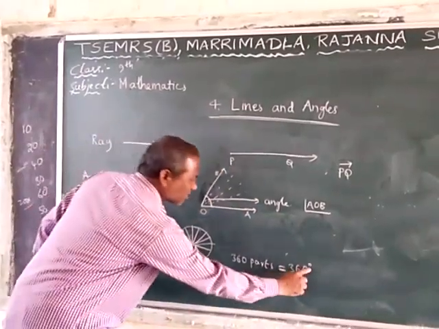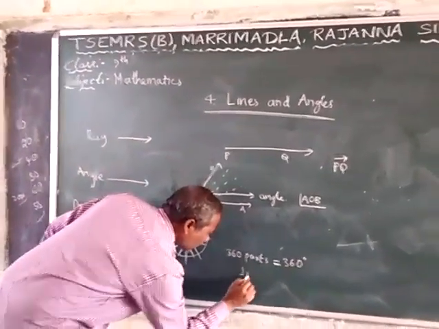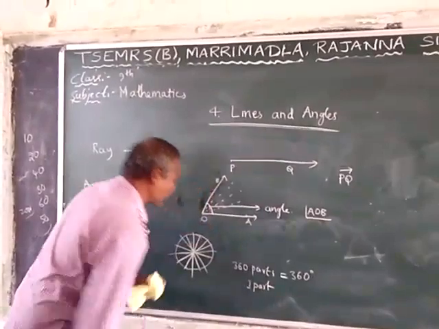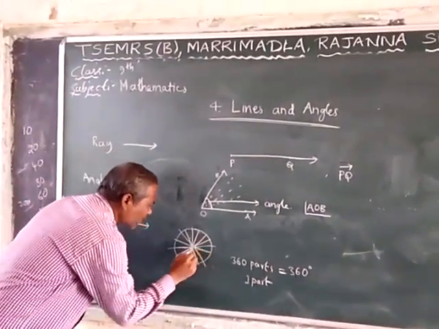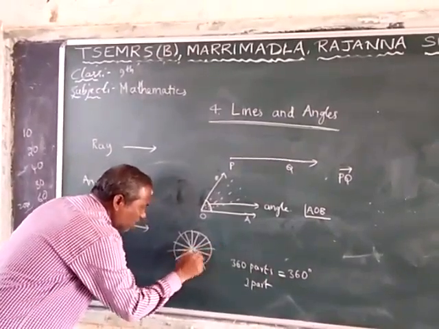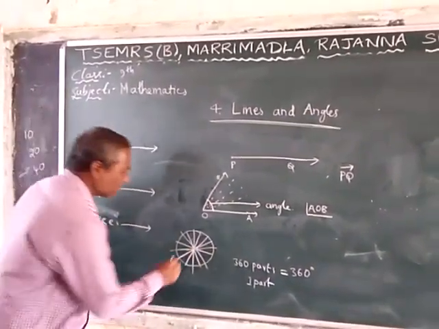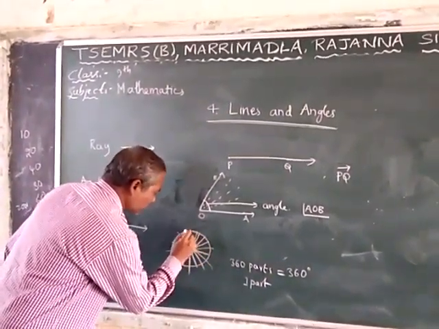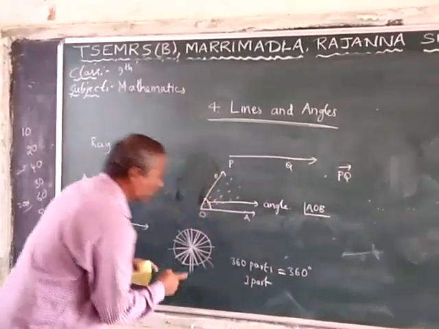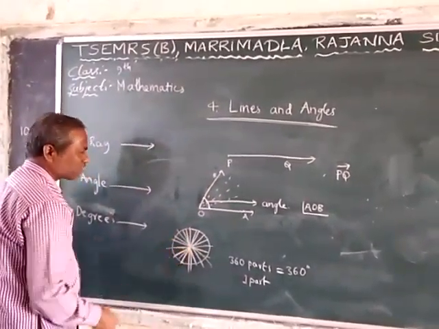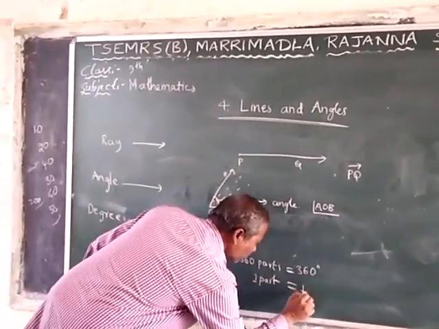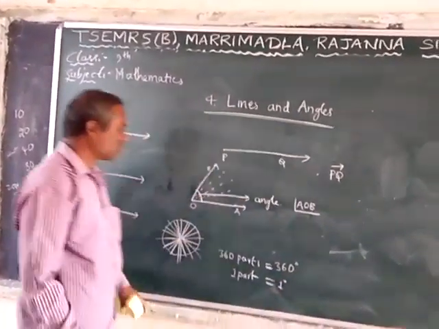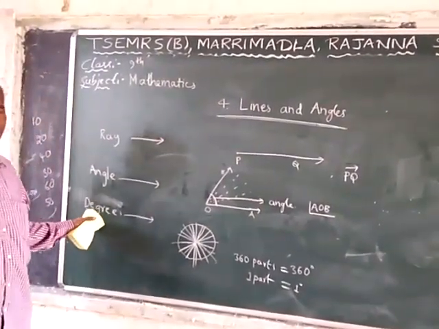We denote degrees like this. I may not be able to show 360 parts, but if you divide like this, one part will subtend 1 degree. So degrees are the measurement for the angle.